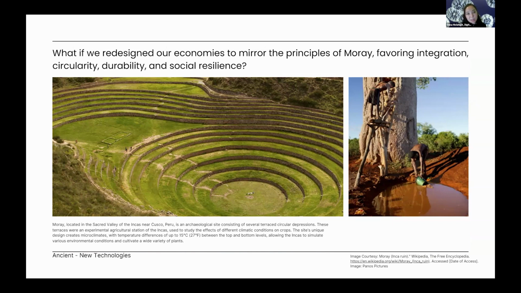And what if we designed our economies to mirror the principles of Moray, favoring integration, circularity, durability, and social resilience? And another image is a baobab tree in Africa, where it's hollowed out and used sometimes as a dwelling and sometimes as a water tank to save water for the next season.